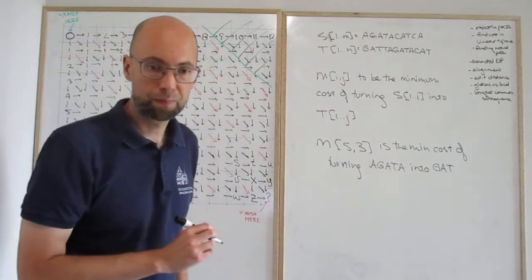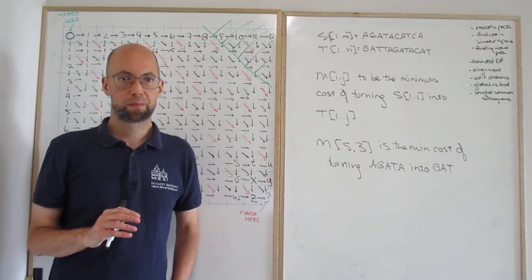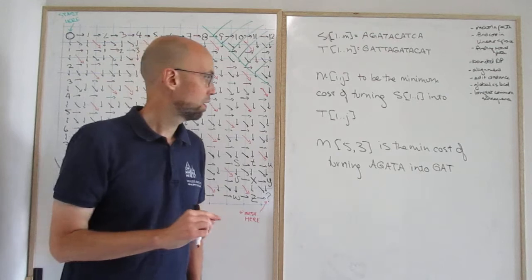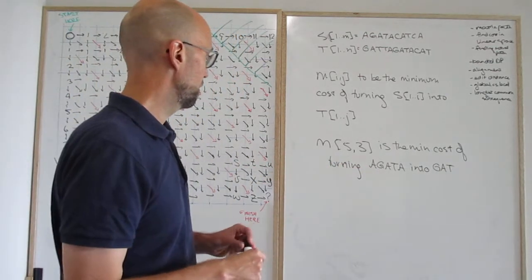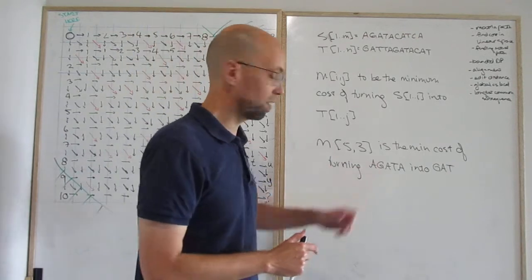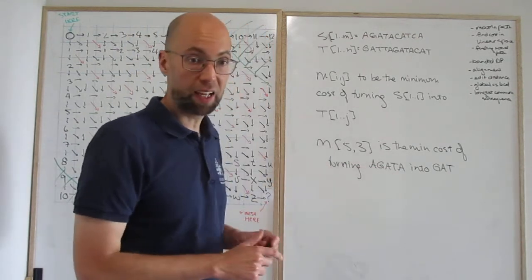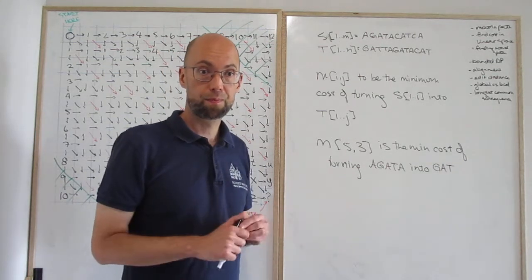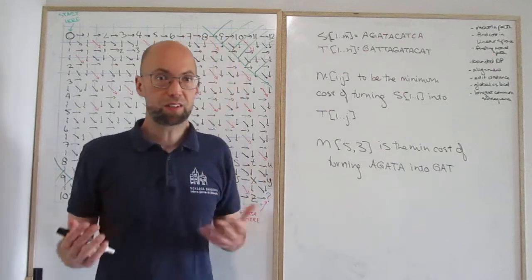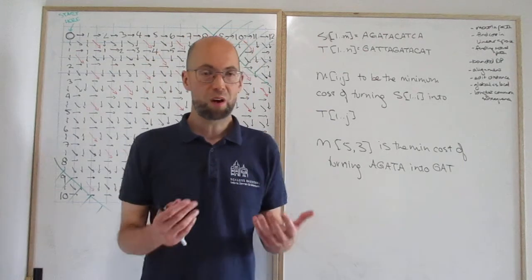Okay? Do people follow? So how can we turn Agatha into Gat? Well, for example, we can delete the A at the beginning and the A at the end. Okay? But we want to do this in some nice algorithmic way.